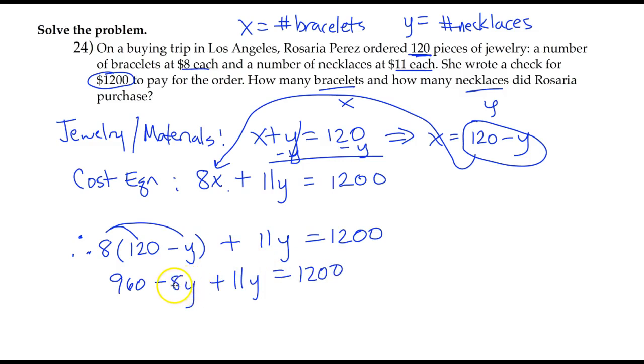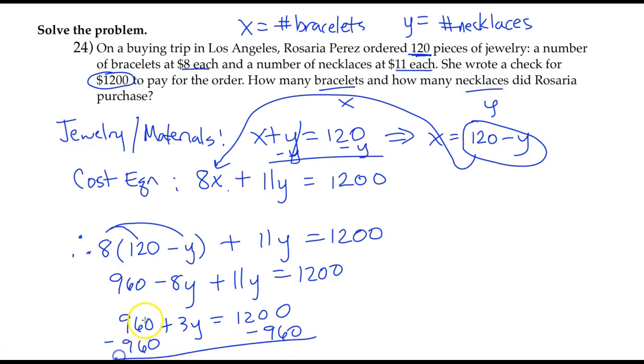Combining like terms, negative 8Y plus 11Y is a positive 3Y, which is equal to 1,200. And then of course here we can subtract both sides by 960. And that cancels. Here this will give me 3Y on this side. And on this side, 1,200 minus 960.